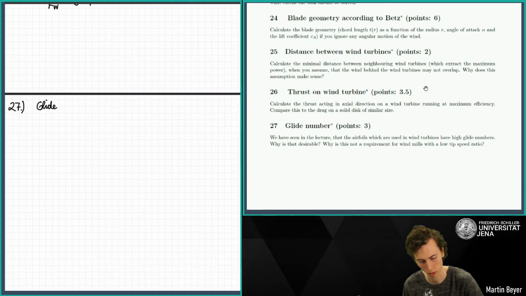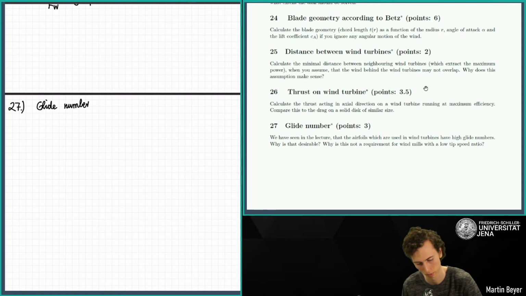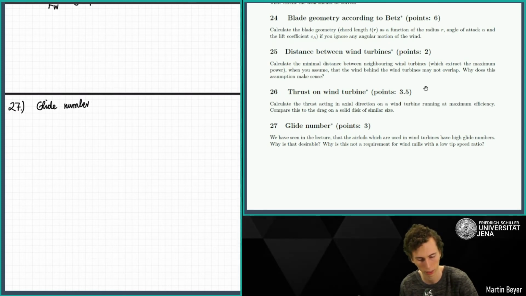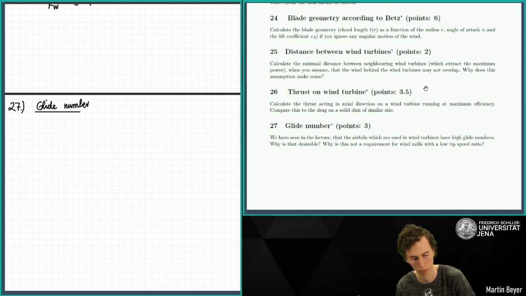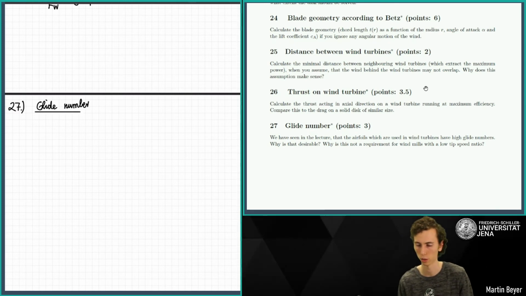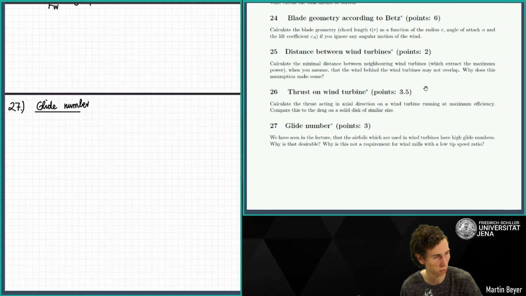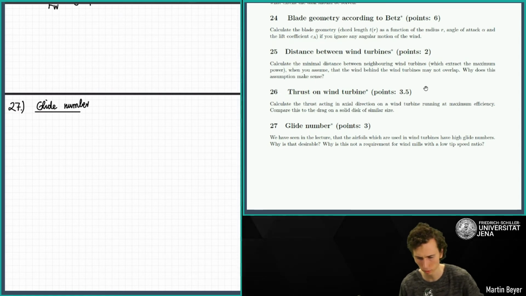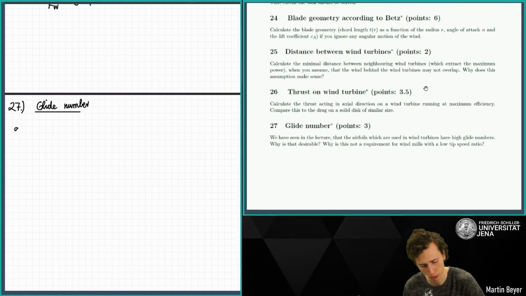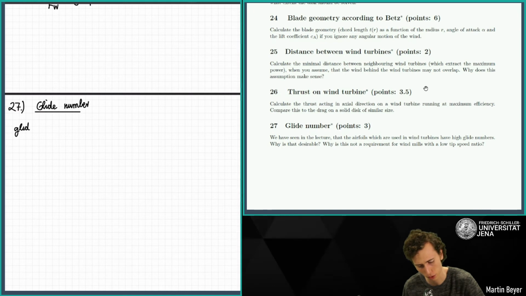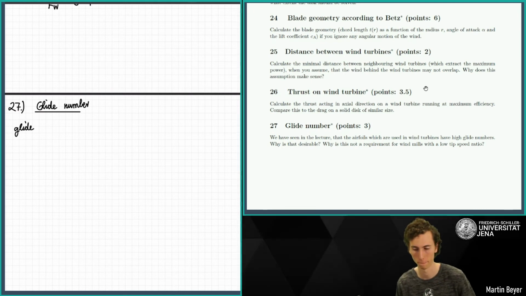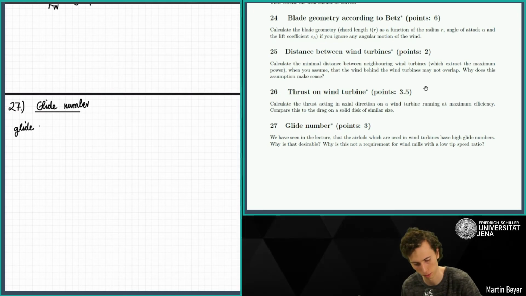So this is called the glide number. Okay, and let's talk a little bit about the glide number first. So the glide number is the ratio between the lift and the drag. It's as simple as that.